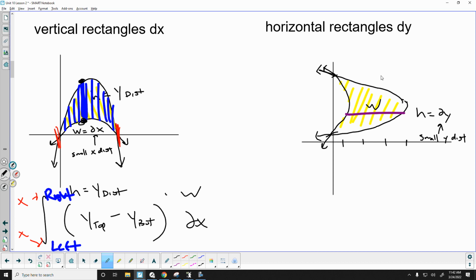Now, what about this width? What type of distance is this width? It's a horizontal or an x distance. Okay. So we are going to sum up these widths times these heights, height dy. How do I get an x distance?